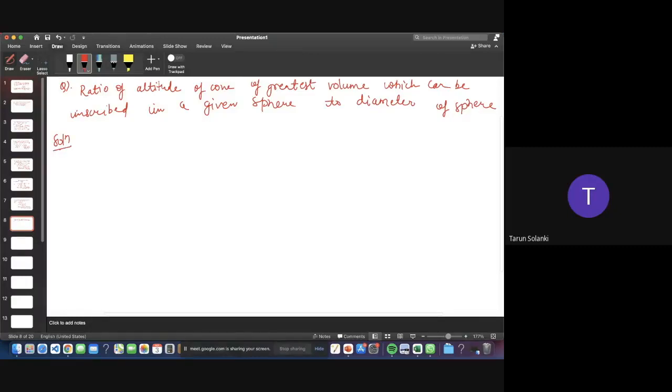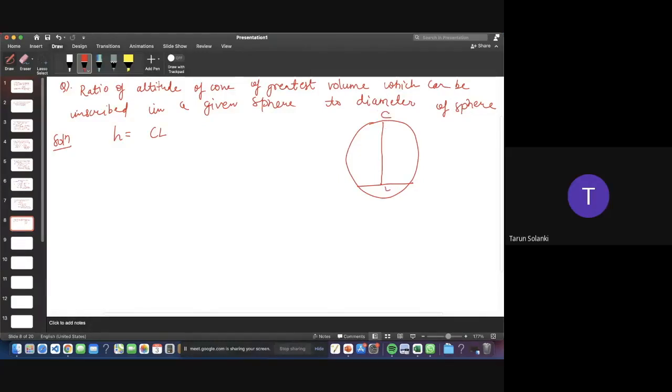So solution: let us assume h is the height of the cone and r is its radius. If I draw a line, this is the CL line.